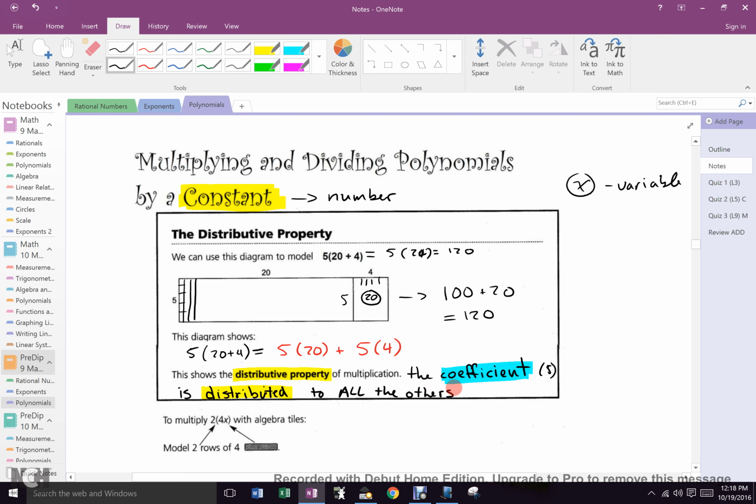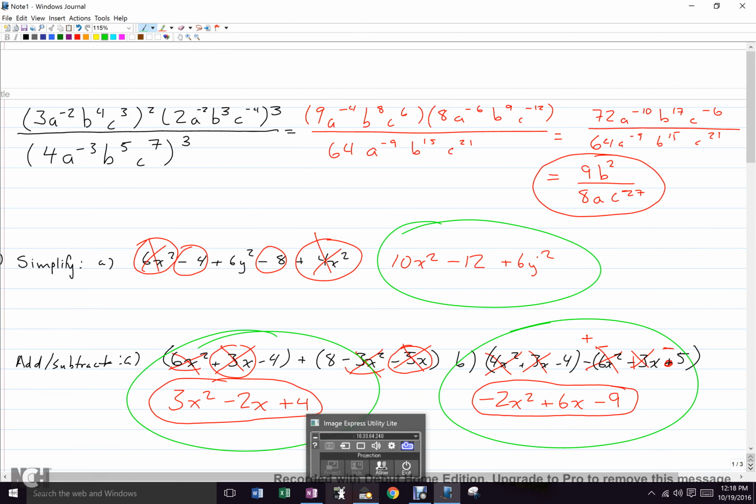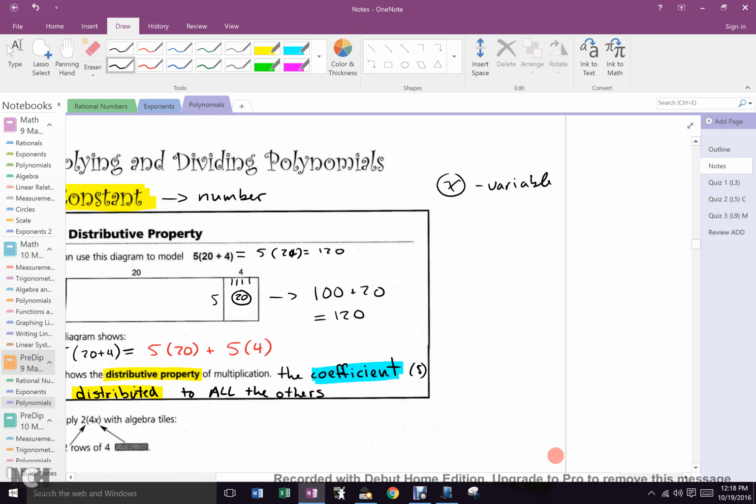Does everybody understand that? Yes. What is happening is this: 5 times (20 plus 4). 5 is going to 20, and then 5 is going to 4. Some of you will have seen this before. Some of you will have heard some cute little pet name for it. What it's really called is the distributive property.